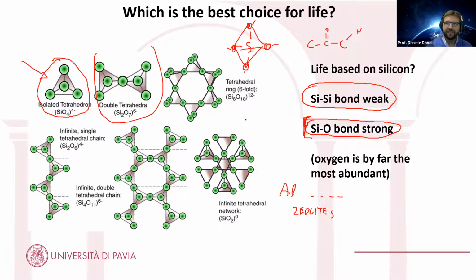At the beginning, you have some silicon oxygen or aluminum oxygen, and then you grow some organic material on top of this. Here on the Earth, the silicon is all inside the crust, and the Earth is made of silicon oxide, but it's maybe not so useful for life.